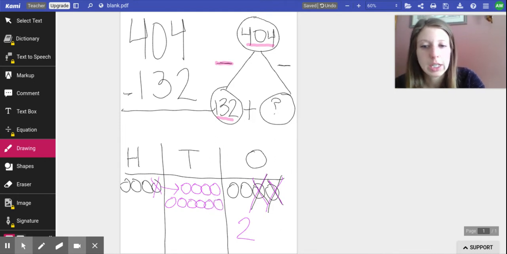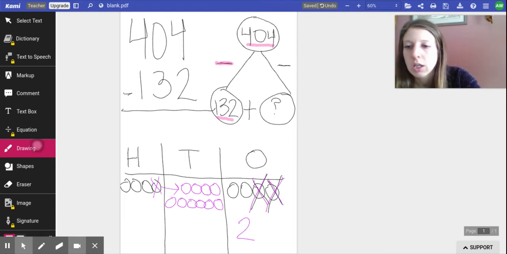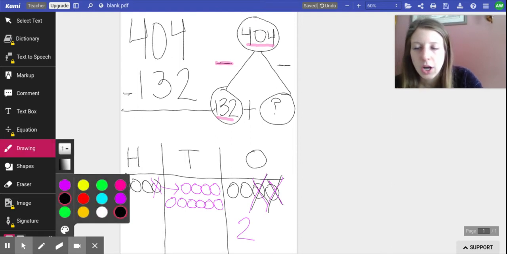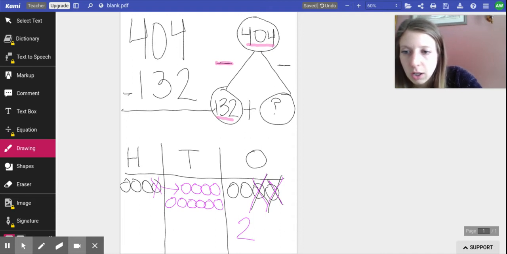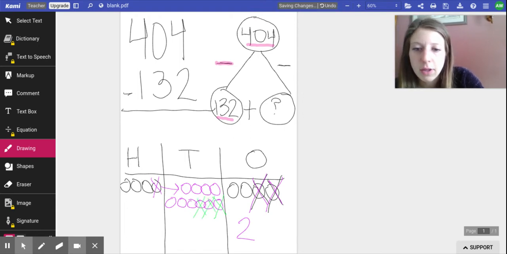Okay, notice how I'm drawing it nice and neatly, taking my time when I'm drawing. So now I can subtract my 3 from the now 10 I have in my tens place. So actually I should change the color so you can see me. And I'm going to cross off 3 tens. And that's going to leave me with 1, 2, 3, 4, 5, 6, 7 tens.